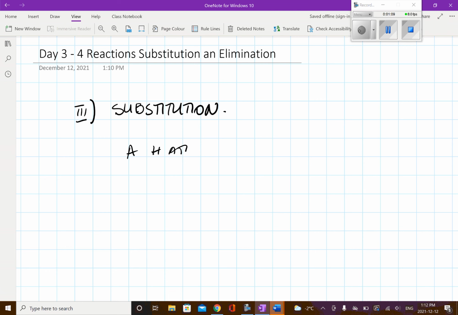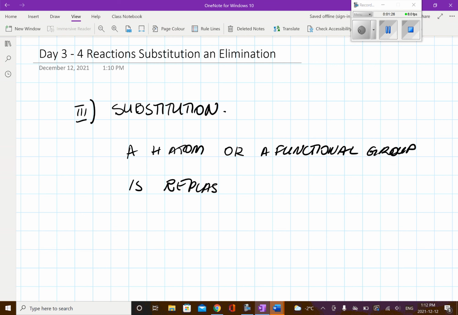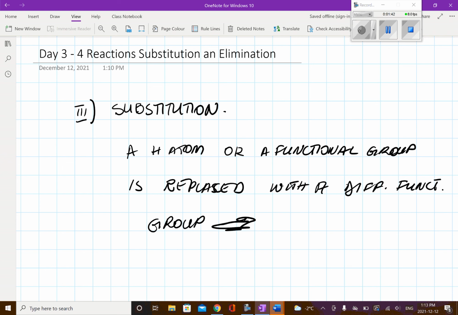Hydrogen atom or a functional group is replaced, because it's substituted, with a different functional group. You always will have two products.